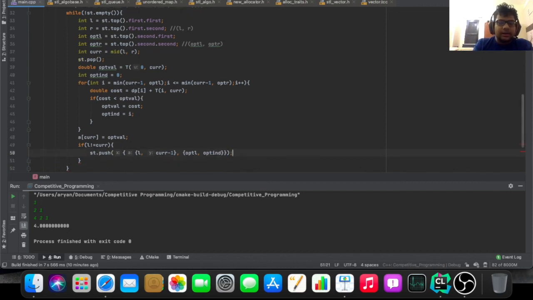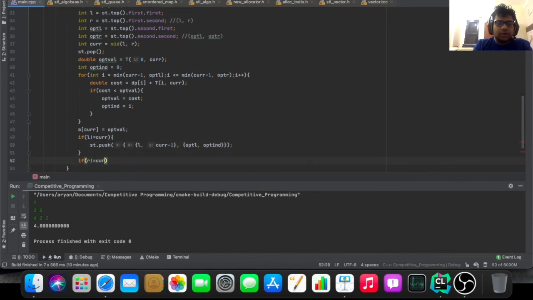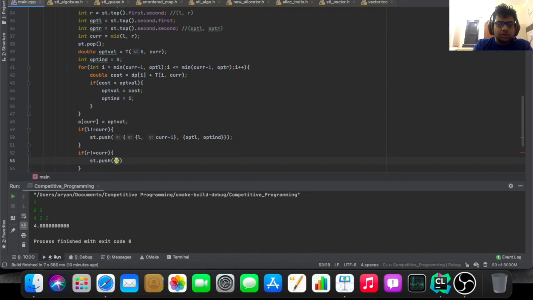Similarly, if r is not equal to cur, then we need to push cur plus 1 to r as the range where we need to calculate. And then we push as the range where our optimal index can lie, opt-in to opt-out.